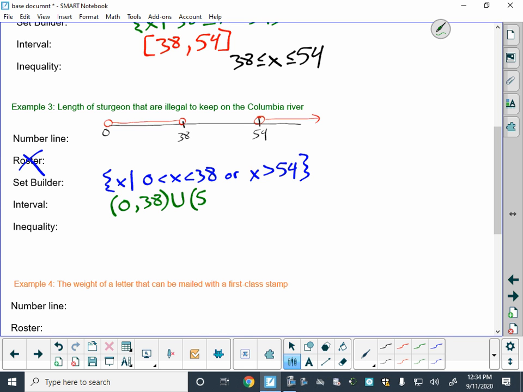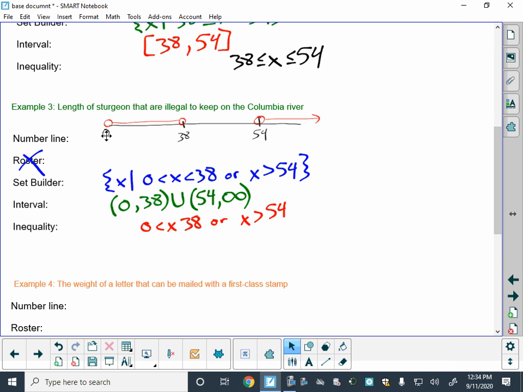And then it picks up again at 54 and goes on forever to the right, and so we use the infinity symbol off there, although we know for certain that the sturgeon can't be infinitely long, but without knowing where to cut that off, that is the safe way to do that. And then for the inequalities, we just extract this part from the set builder notation again. X is between 0 and 38, or x's that are bigger than 54.